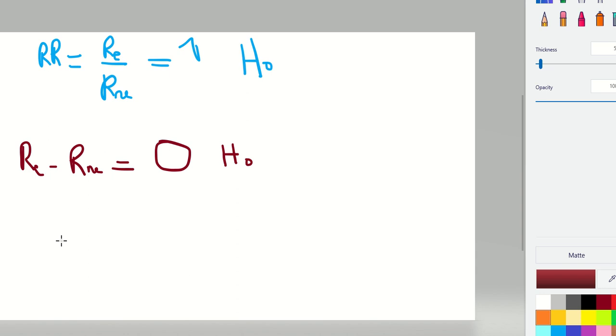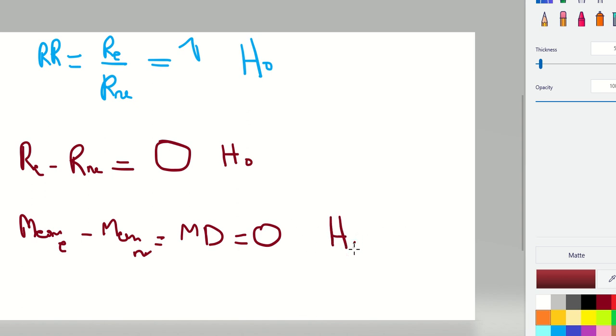It could be an average difference. So maybe you have the mean of a certain something in the exposed minus the mean of something in the not exposed, and therefore you're calculating a mean difference. According to the null hypothesis, the mean difference is equal to 0. And again here, you would be looking at whether the confidence interval crosses 0, not whether it crosses 1.